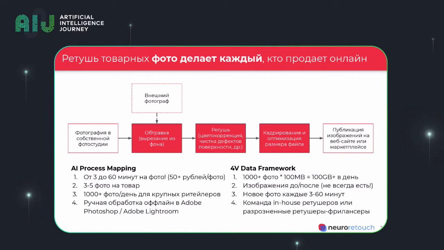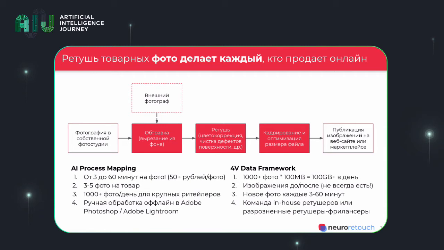In fact, the slide has all the stats required. Currently, it's a very routine, very dull, and a very long operation, taking up to 60 minutes per photo. And often companies will be paying 50 rubles per photo or more, depending on the product category.